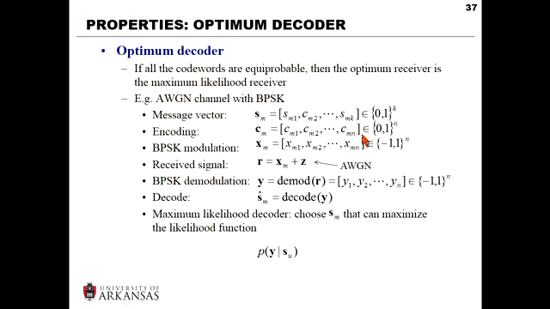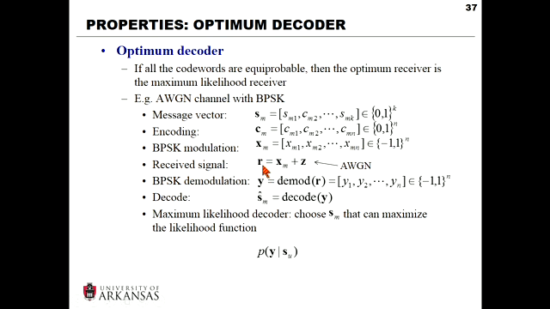Once we have this length-n code word, we can do modulation. We can do BPSK modulation, or we can do more complicated modulation. Here I'm simply using BPSK as an example. So the zeros are mapped to -1, and the ones are still mapped to 1. So we have x. Then we transmit the modulated symbol.